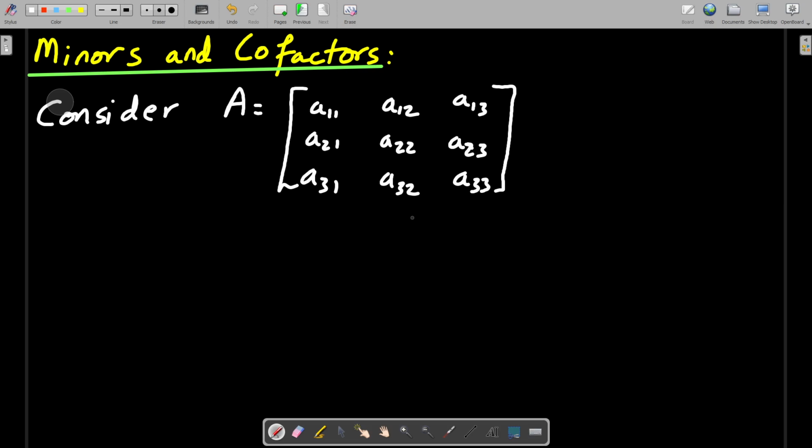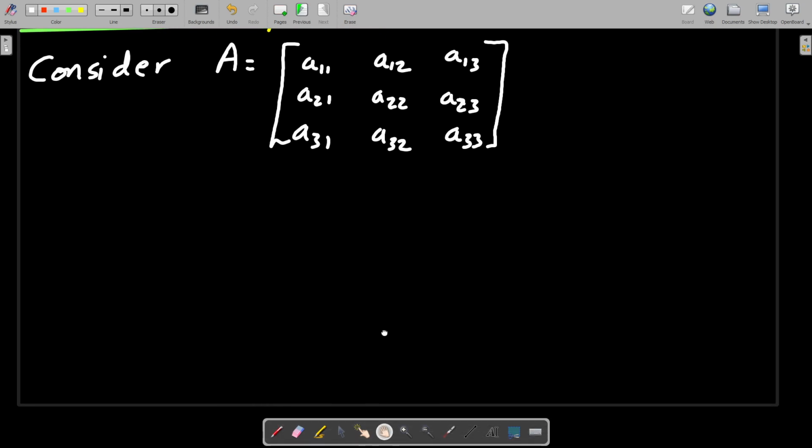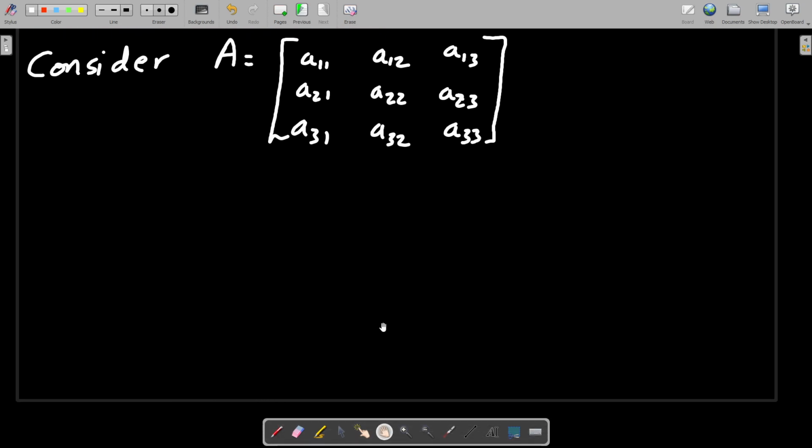Okay, so consider this matrix. Now I'll teach you all how to find the minors. So minors are very important for us to understand the properties of a matrix. Okay. So let us start with the first minor.